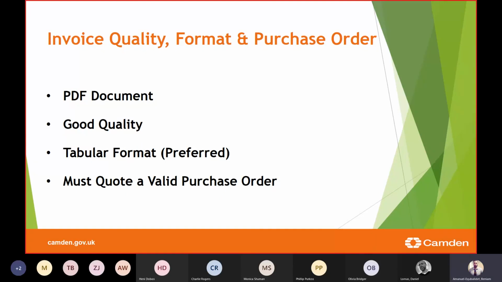Even prior to this system, AIP, as you know it in Finastra, you needed to provide a purchase order for us to be able to process these invoices. But it's even more important now because the system functions on this core value that it needs to find a purchase order in order to process your invoices.